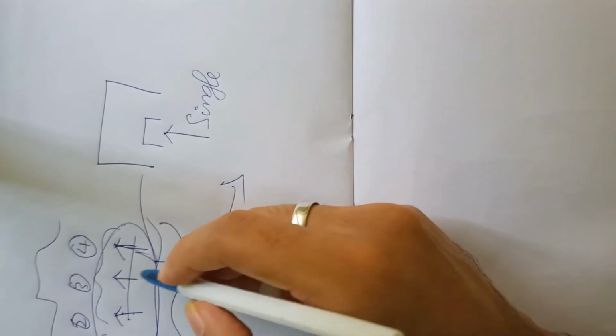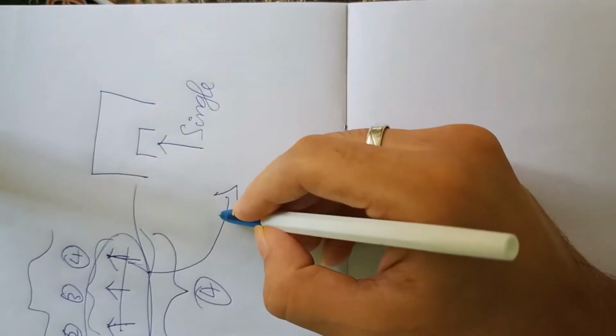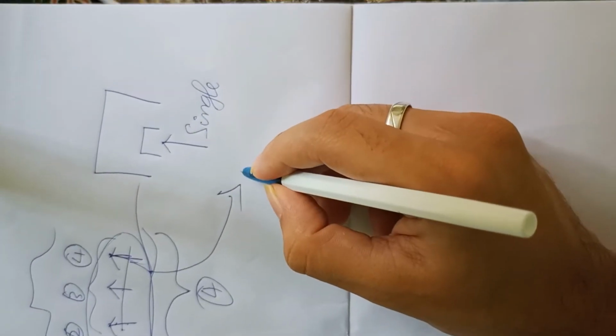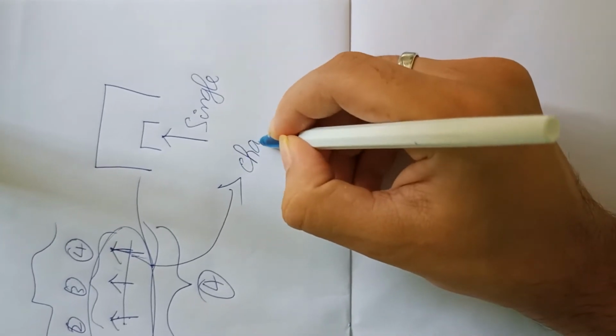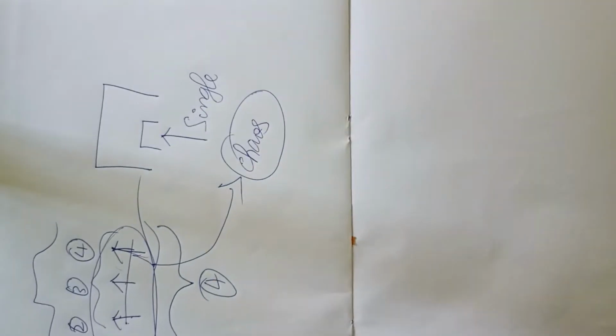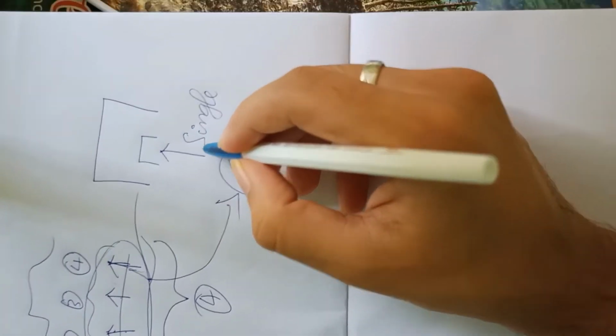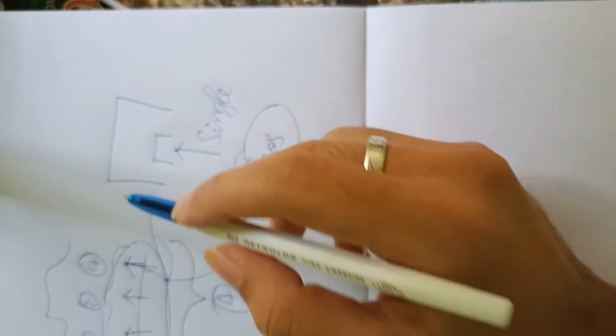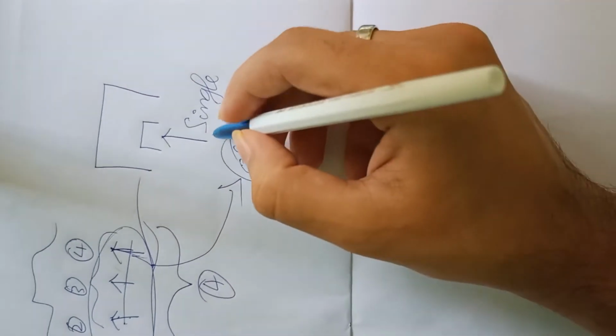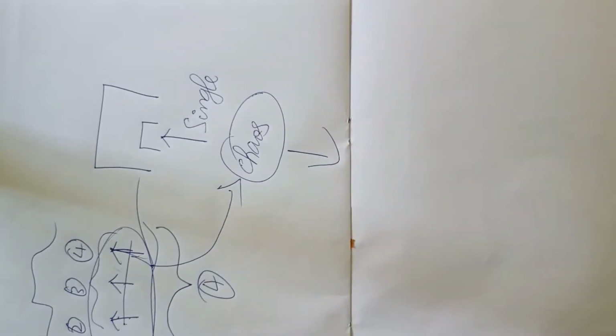Since people are coming from multiple queues and want to merge into a single queue, this will cause a lot of chaos right here, because everyone wants to stand in the front of the queue and enter into the cinema theater as quickly as possible. No one wants to stand at the very end of the queue.